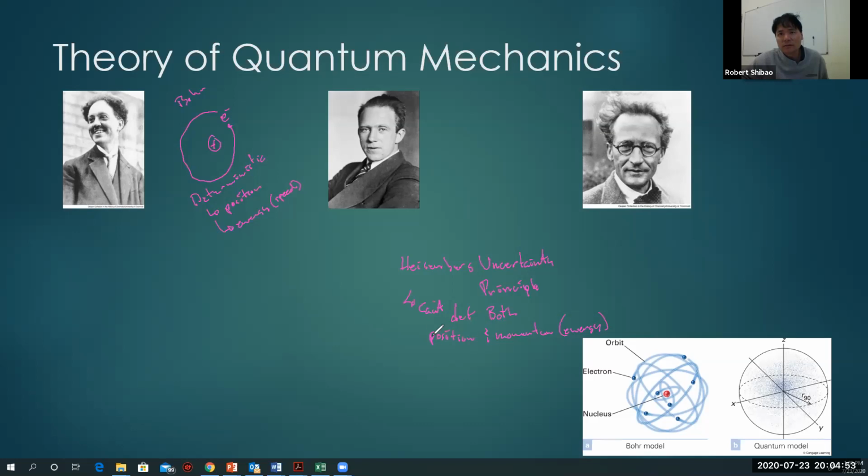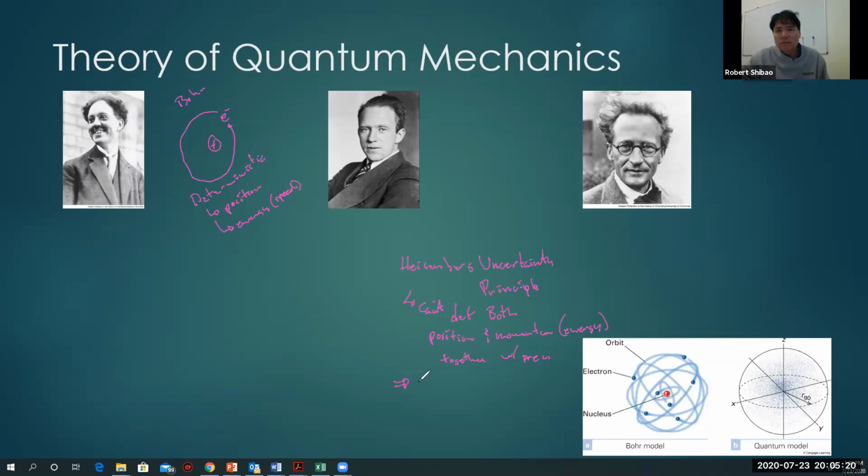There's uncertainty together with precision or accuracy. I'll just say precision in this case. You could determine one or the other. And so for us, the end result is this.